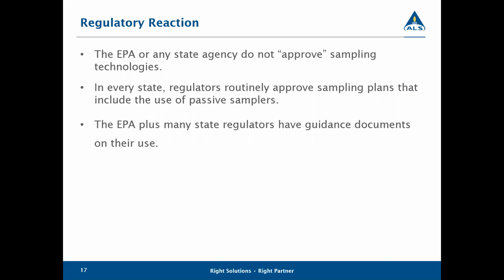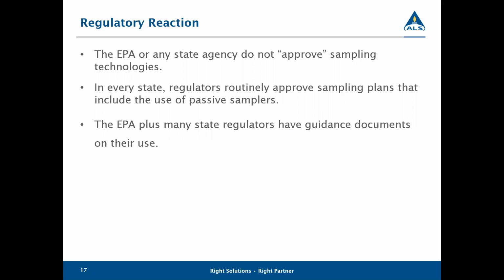So as far as regulatory reactions, I mean, the EPA or any state agencies, they don't technically approve sampling technologies. Regulators have routinely approved sampling plans that include the use of passive samplers. We've had clients use these in just about every state as well as internationally.